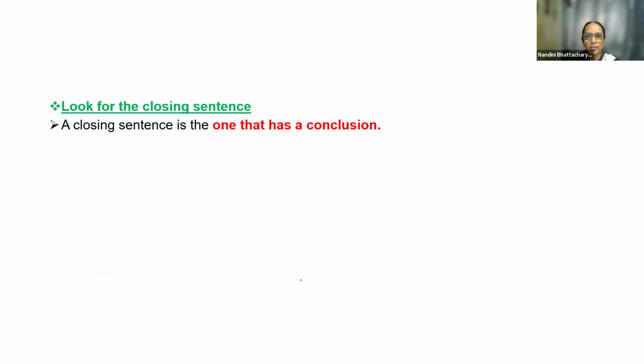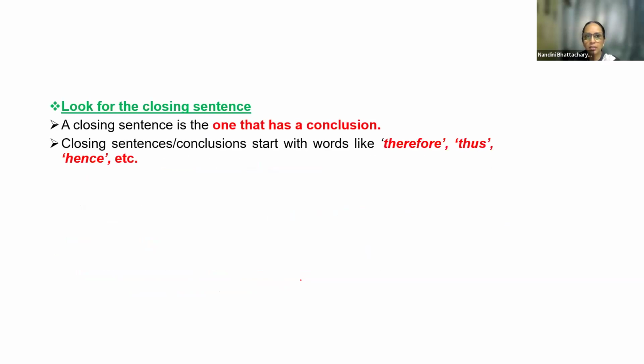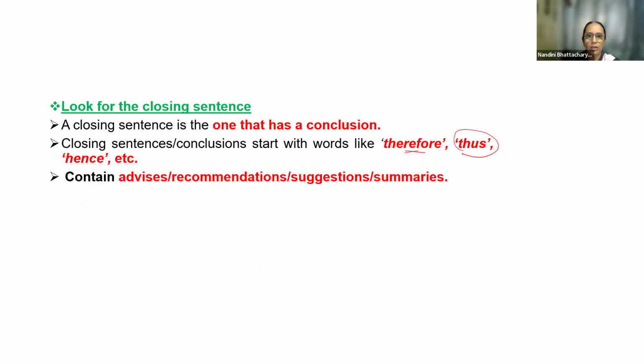Now, about the closing sentence, we had discussed the conclusion in para completion. So anything that either sums up the paragraph, or maybe begins with therefore, thus, hence, or has these words, can be your concluding sentence. Yeah. So advices, recommendations.